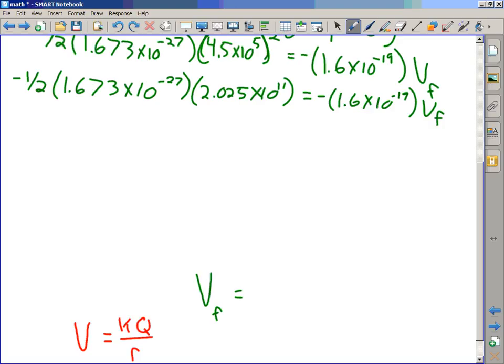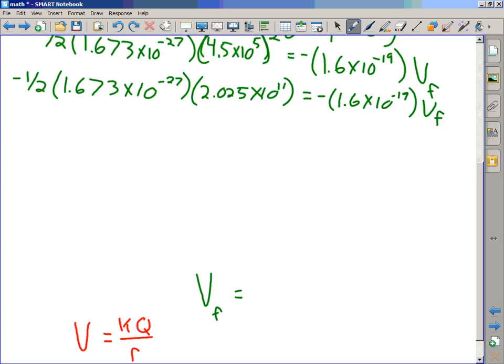Now all this stuff is just multiplication, so you can enter it into your calculator in one go on the left-hand side. Make sure to use parentheses like crazy. Lots of times in calculators, if I see a 1/2, I'll enter the decimal form, negative 0.5, so I don't mess up the order of operations, or I put the 1/2 in parentheses.